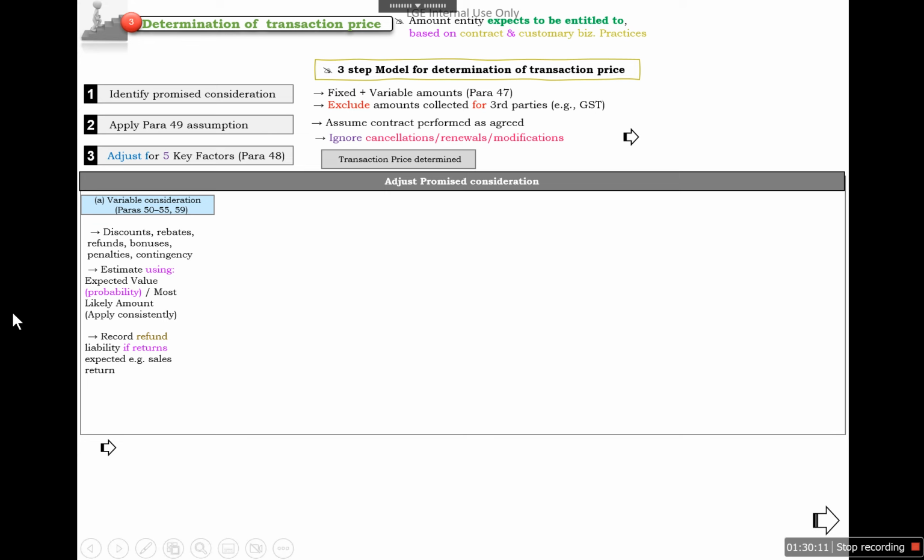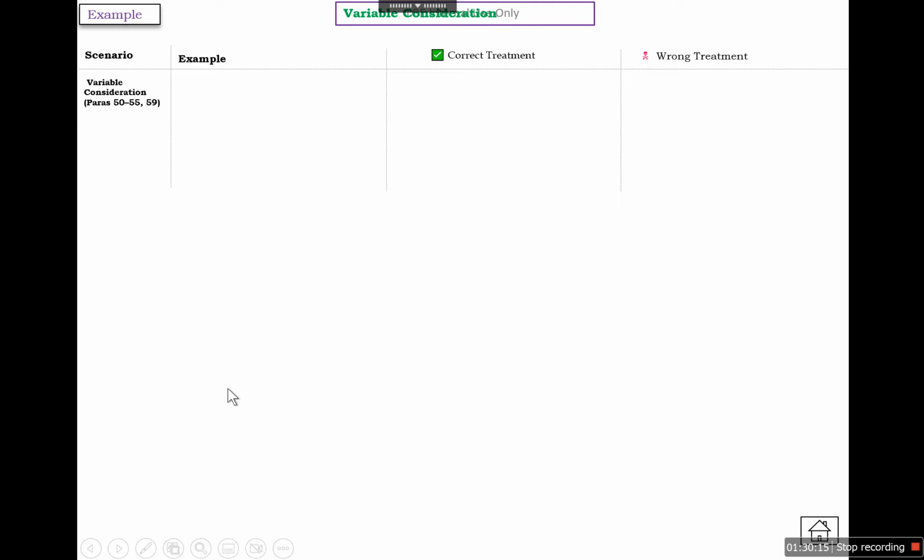So let's take some examples of variable consideration. For example, a builder provides a bonus of 2 crore if the project is finalized. In this case, we need to estimate, using the expected value or most likely outcome, what the chances of collecting the bonus are, and if there is no chance, we should not recognize it.